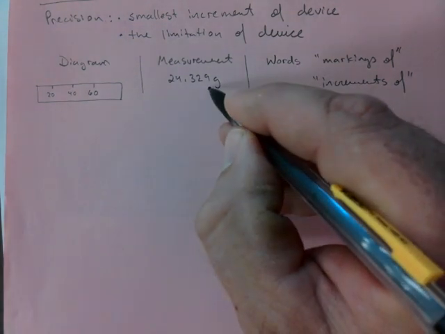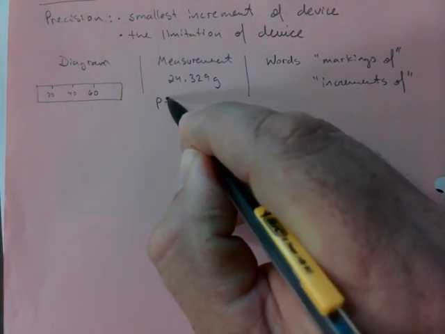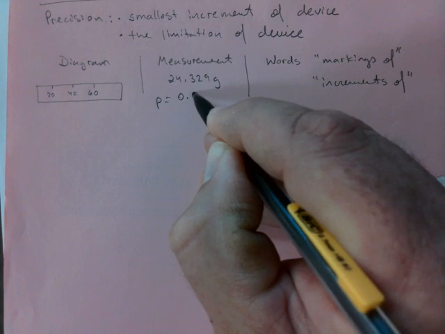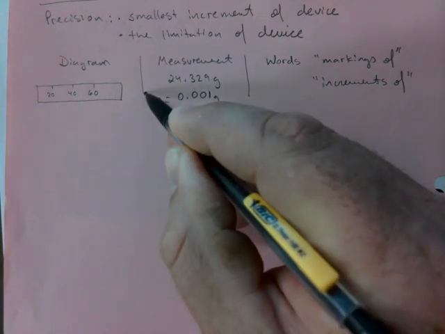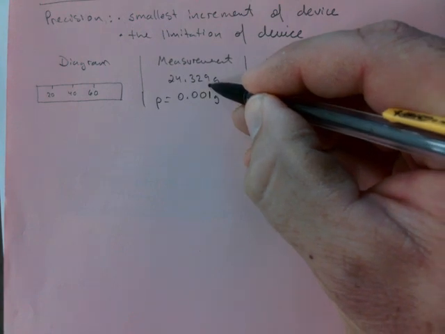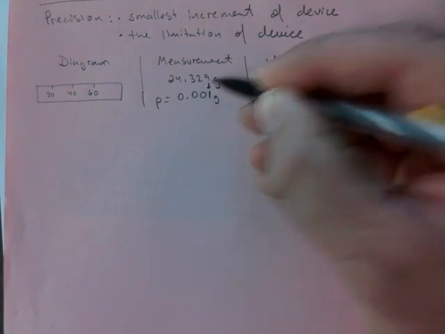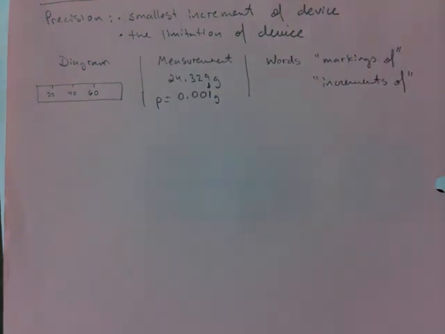Thank you. The precision would be what? 0.001. For this particular one, there's a correlation. We know that's where the action is happening. That's the smallest change that can happen, 0.001 of a gram.